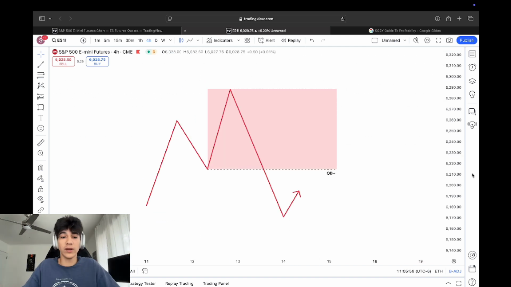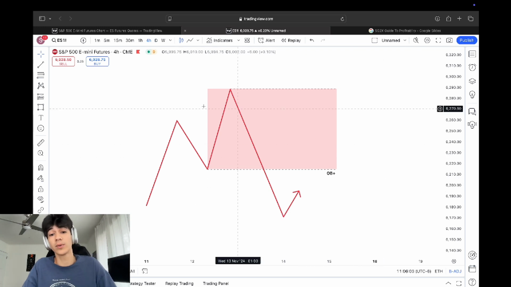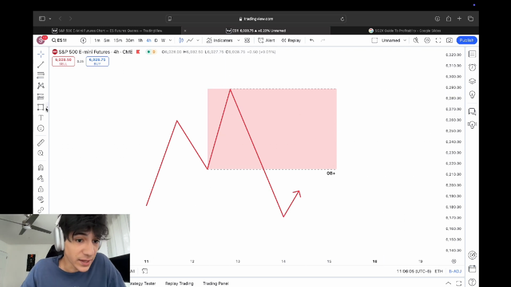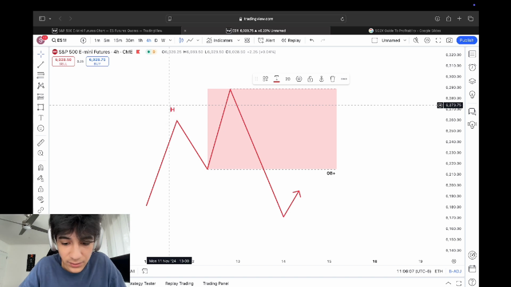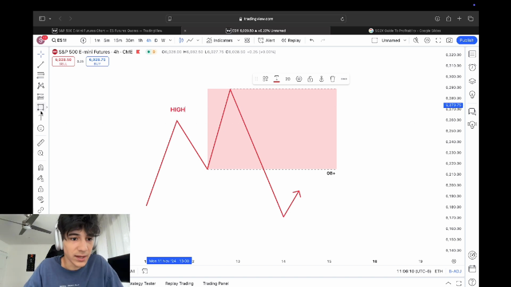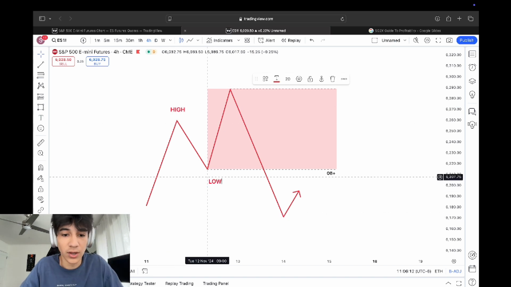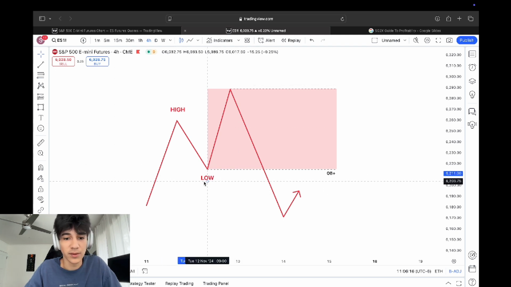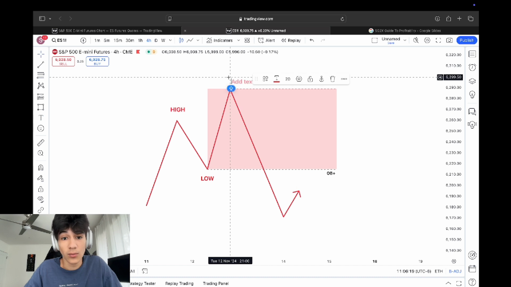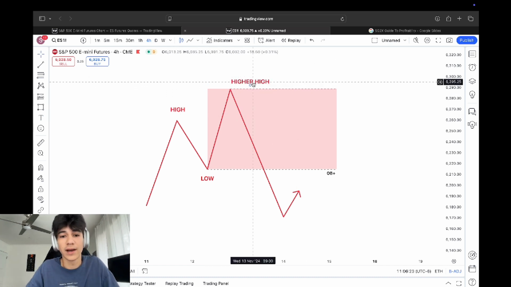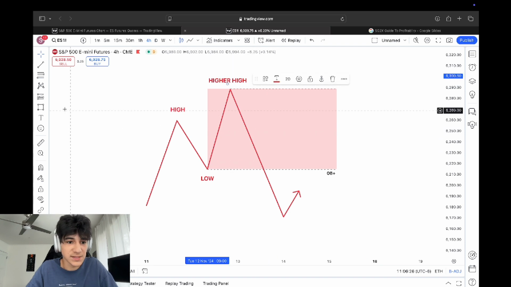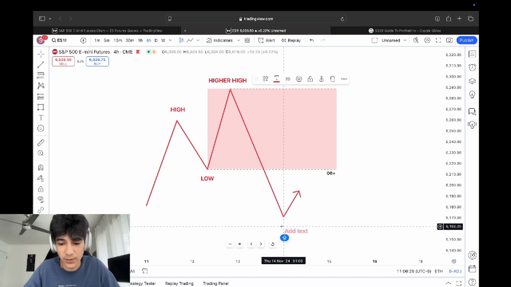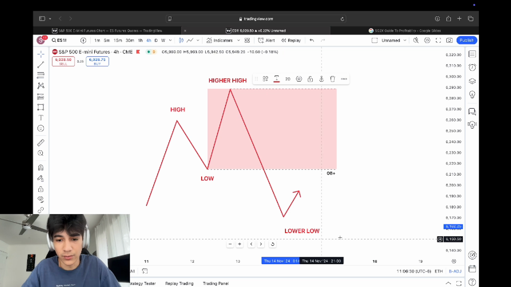Now we are on the line chart for the bearish order block. We see here that we have a high, then we have a low, then after this low, we form a higher high, and then after forming this higher high, we form a lower low.